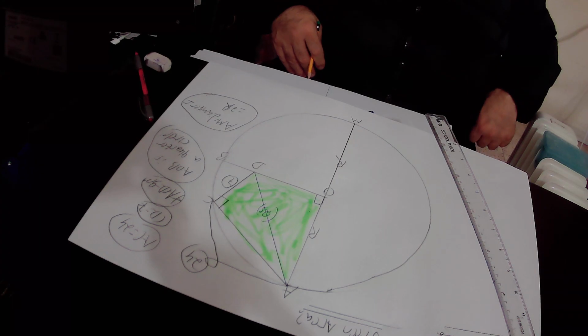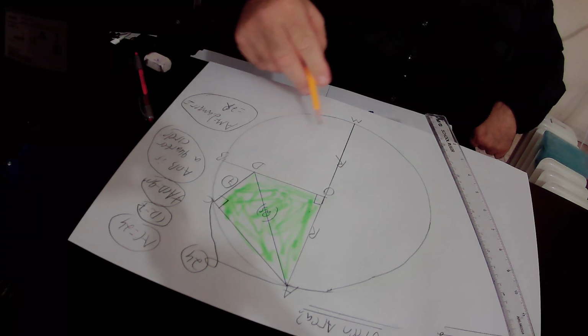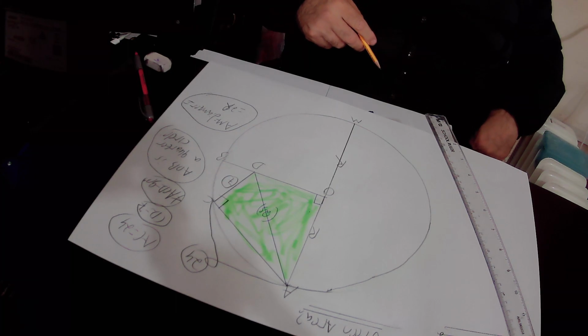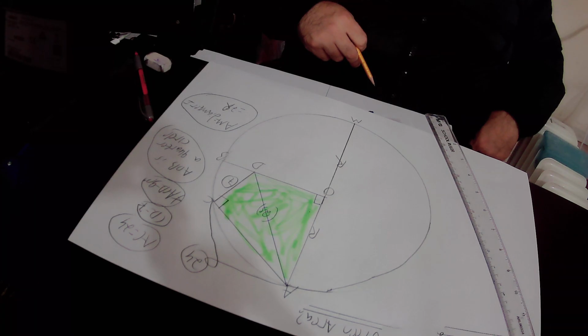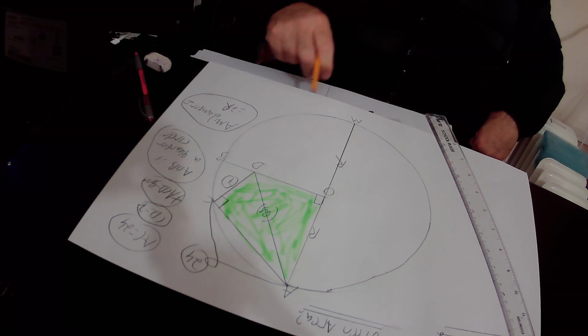In the next step, we will extend side CD by a straight line until it touches the circle. We don't know where the extended side CD will touch the circle.